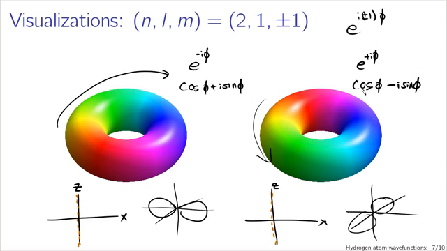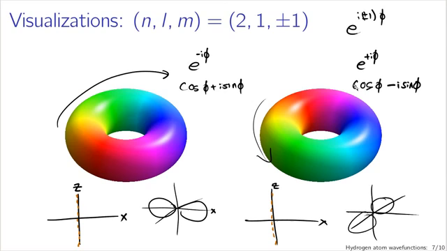If I add these two together, for instance, I'll get cosine of phi plus i sine plus cosine minus i sine, and the i sine parts will cancel out, leaving me just with the cosine part. The cosine part, then, is going to be non-zero only along the x-axis, where phi is 0. If I combine them instead with the minus sign, I'll get the cosine parts to cancel out, and I'll end up with minus 2i sine phi.